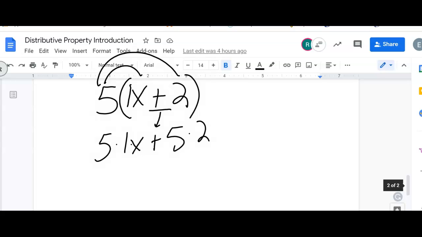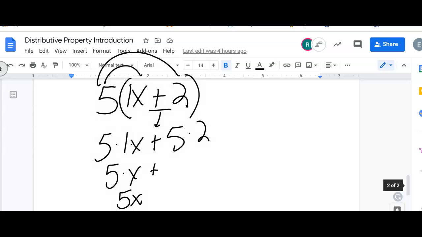What can I solve here between 5 times 1 times x? What can I solve? Megan? 5 times 1. I can solve 5 times 1. So I have 5 times x. Can I do 5 times x? No, because I don't know what x is. So it stays 5x. You'll see it written like this, 5x, more than 5 times x.